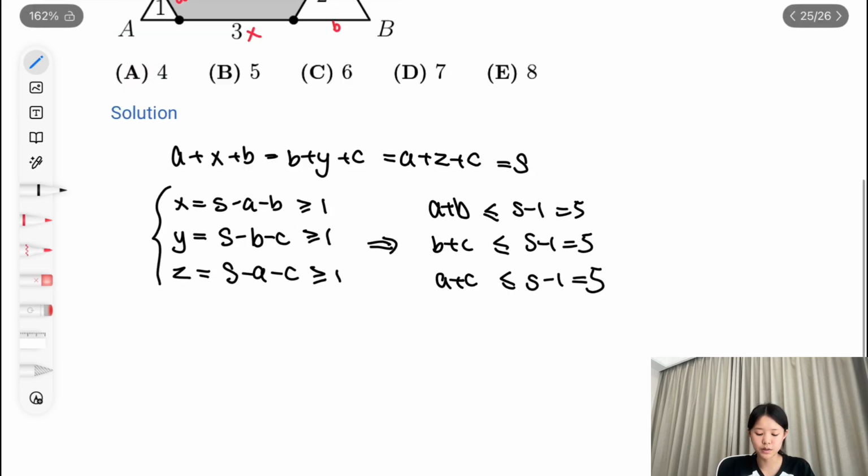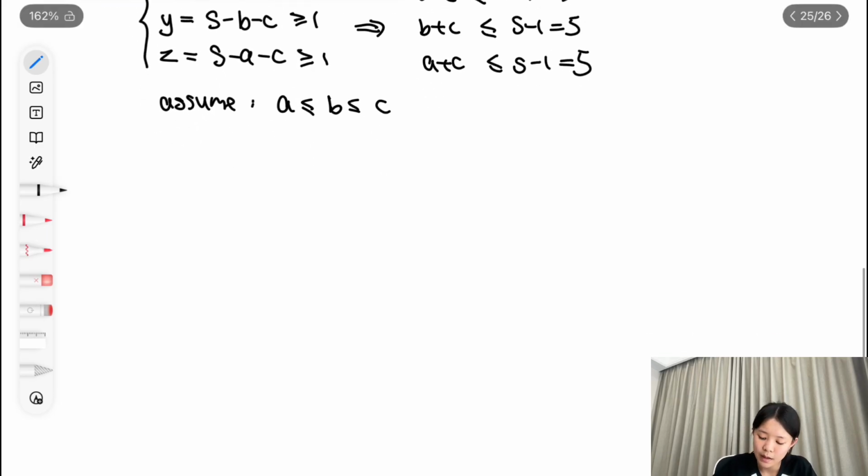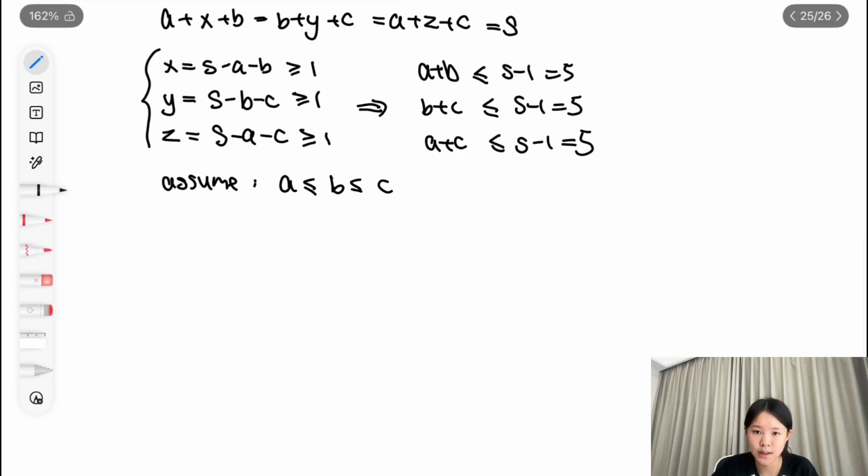So now we can assume something here to make the solution a bit simpler. Assume that A is the smallest, B is the middle, and C is the largest number. Because we have 5 as this, and because C is the largest number, we can start out with the number 4. So if C equals 4, then B can only equal 1, since it has to add up to be less than or equal to 5.